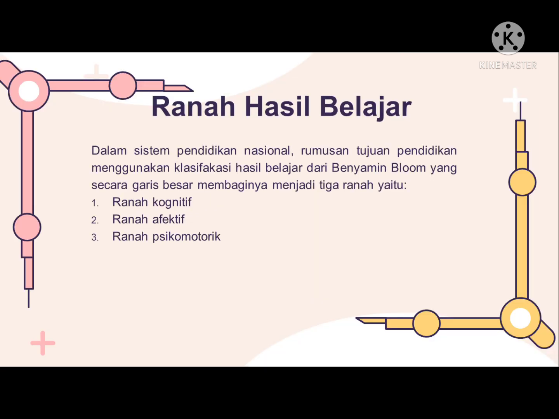In the national education system, the formulation of educational goals uses the depth of learning outcomes from Benjamin Bloom, which broadly divides it into three realms, namely cognitive realms, affective realms, and psychomotor realm.